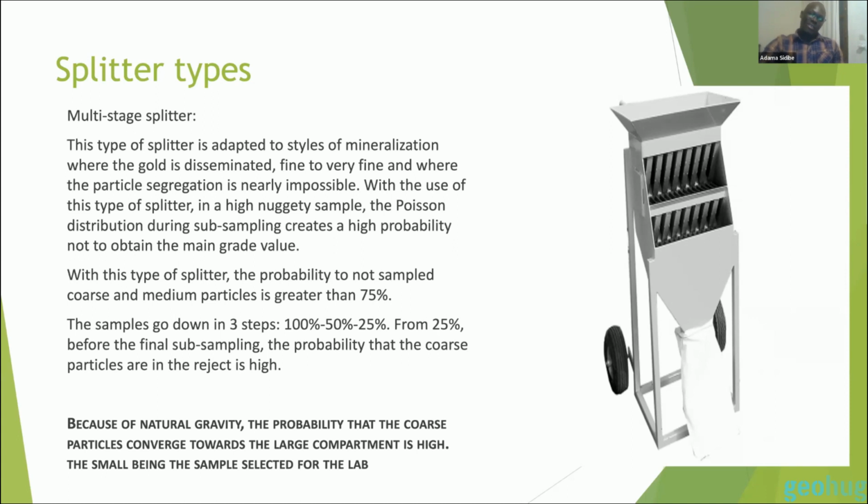Avoid this type of splitter when the gold particles are coarse or medium. This gravity may seem trivial to some geologists or technicians, but it is the reality of coarse particles during the sampling.